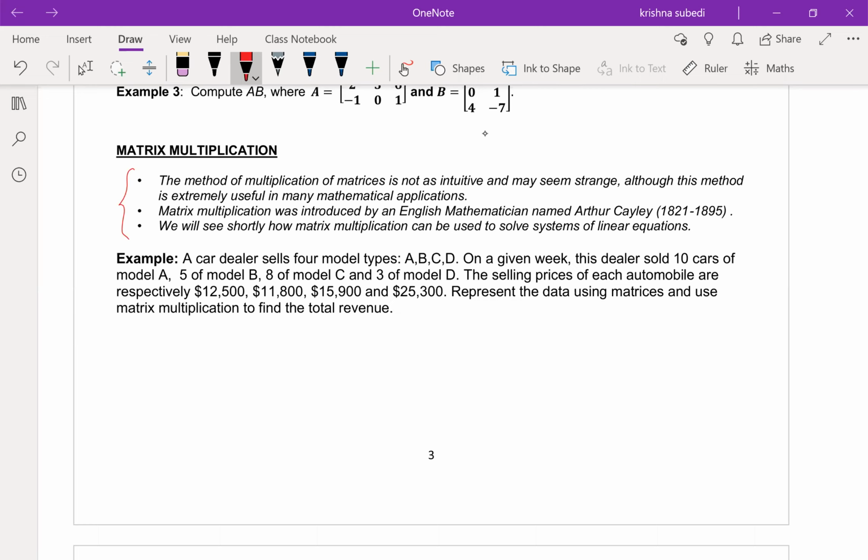Although this method is extremely useful in many applications, not only mathematical, but in economics, business, science, and engineering. So it seems strange, but the application is enormous, okay? Matrix multiplication was introduced by an English mathematician named Arthur Cayley.